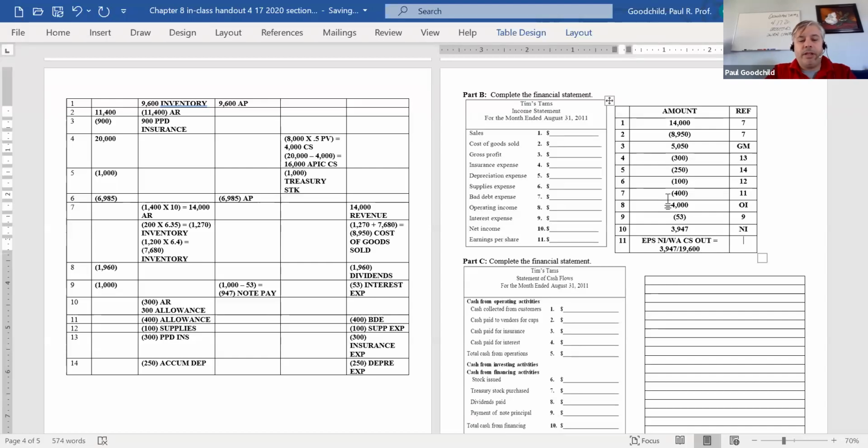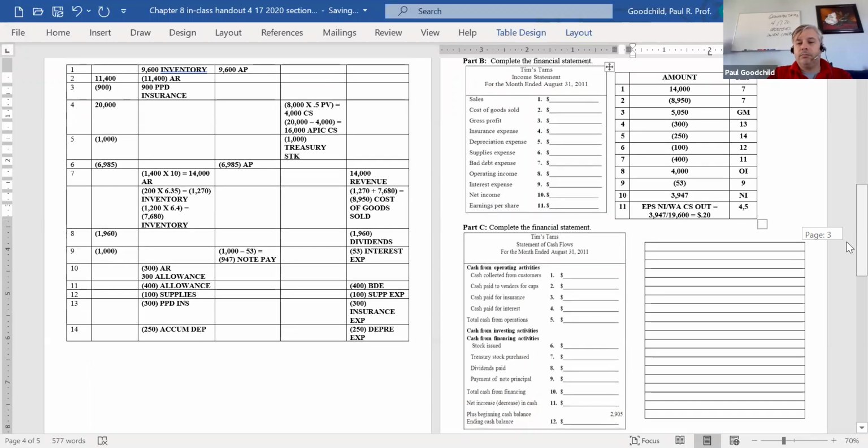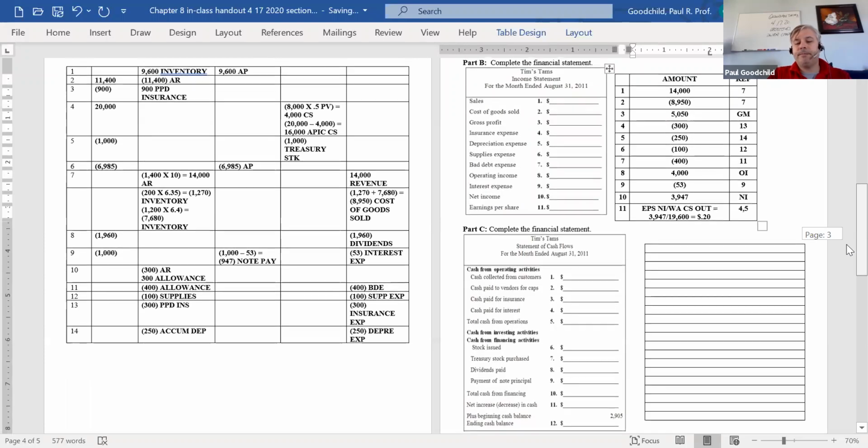And we calculated that from numbers 4 and 5. And that ends up being 0.20. All right, any questions on 1 through 11?